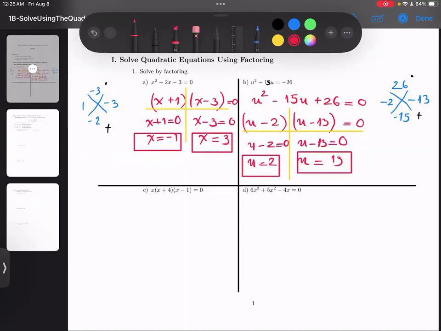Now, problem C. I know the first thing you want to do is FOIL them together. Don't, right? Remember, we're trying to factor them. It's already in factored form. So they kind of did a favor for us, right? All you have to do is set each of those equal to 0. So x equals 0, x plus 4 equals 0, or x minus 1 equals 0.